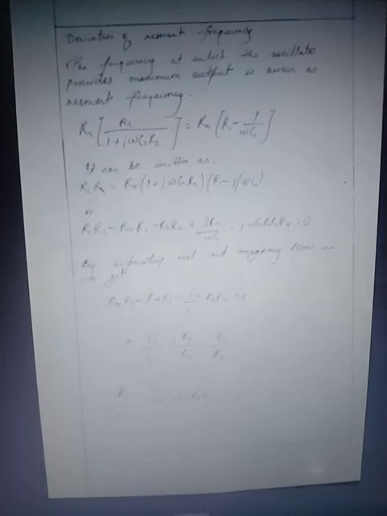Derivation of resonant frequency. The frequency at which the oscillator provides the maximum output is known as resonant frequency. R3 by R2 times 1 by (1 plus j omega C2 R2) equals R4 into (R1 minus j by omega C1).